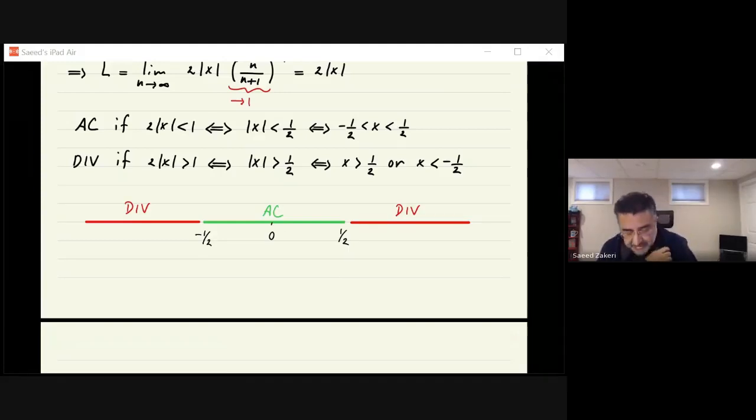And if my x is picked from the red intervals, from 1/2 to infinity or from -infinity to -1/2, I have divergence. Now, what's left to be studied is what happens exactly at these 2 points, at the endpoints of the green interval. So I have 1 point here.